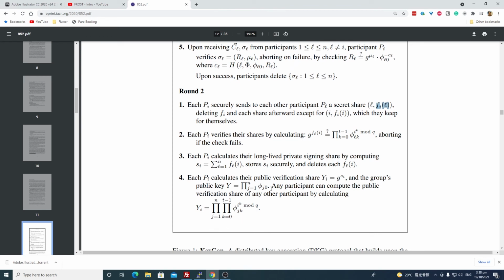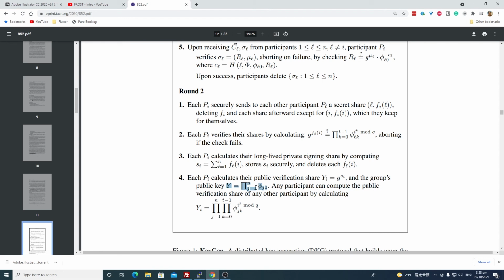But I'm not sure it's used anywhere else, because at this point, what we need to know is this Y, because then we can derive the address based on the public key.